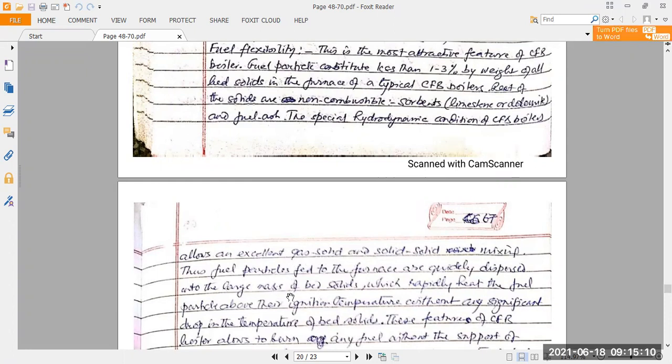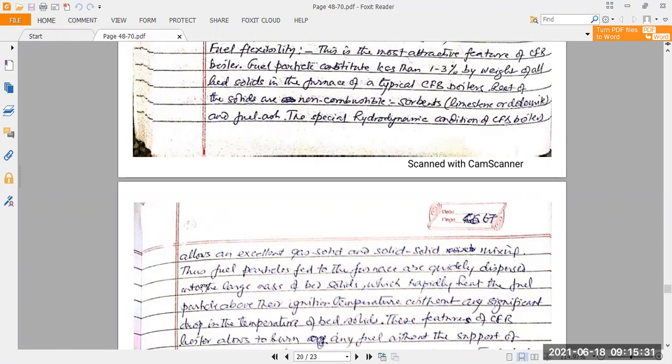The fuel particles fed to the furnace are first of all quickly dispersed into the large mass of the bed solids, which repeatedly heat the fuel particles above their ignition temperature without any significant drop in the temperature of the bed solids itself.